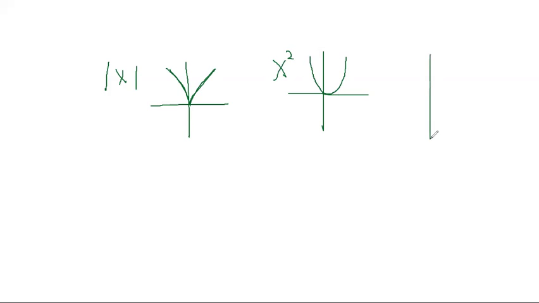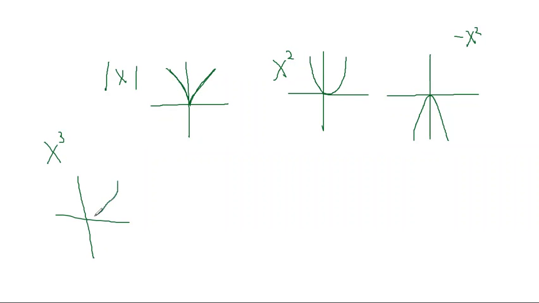If it's negative, for example negative x to the power of 2, the parabola will be what? Downward, right? And we also discussed in class, if you have x to the power of 3, for example, this is just for your knowledge, it will be like this.